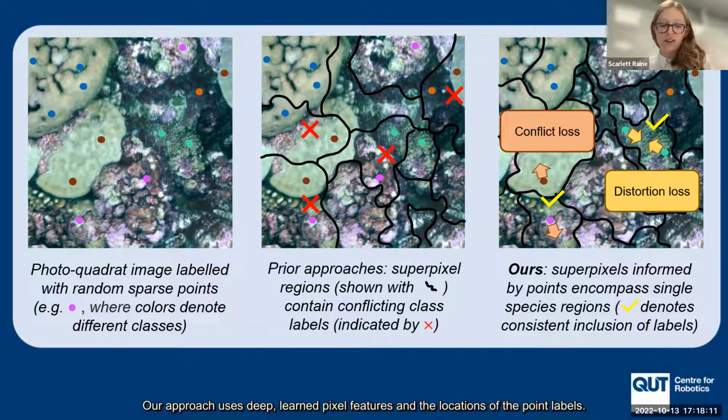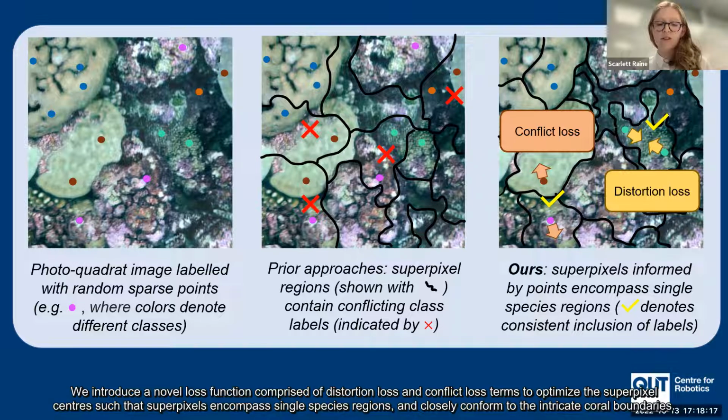Our approach uses deep learned pixel features and the locations of the point labels. We introduce a novel loss function comprised of distortion loss and conflict loss terms to optimize the superpixel centers, such that superpixels encompass single species regions and closely conform to the intricate coral boundaries.